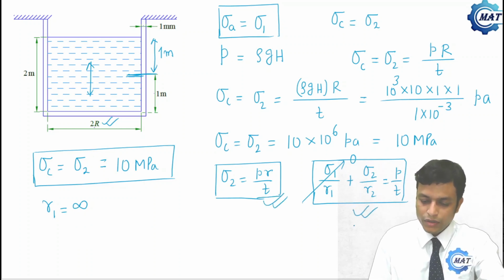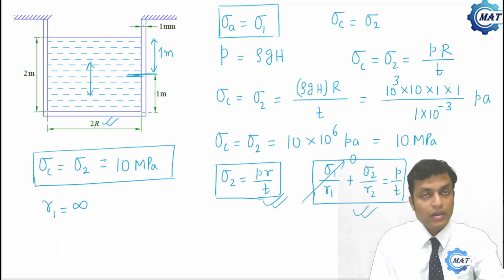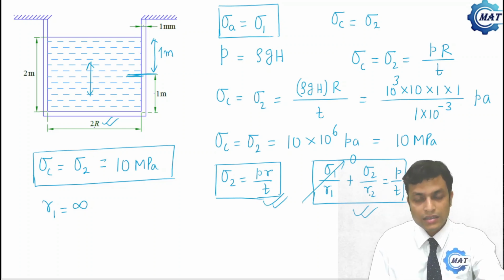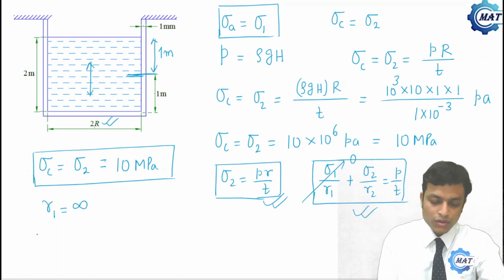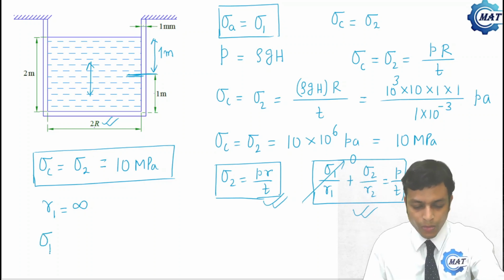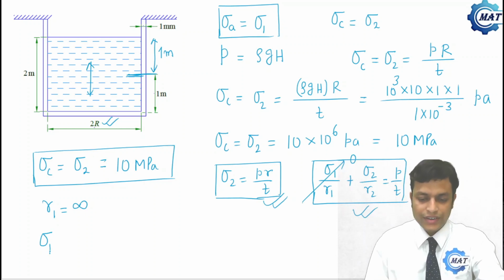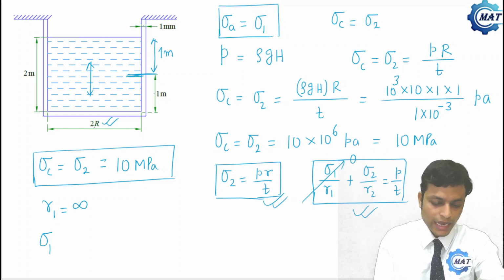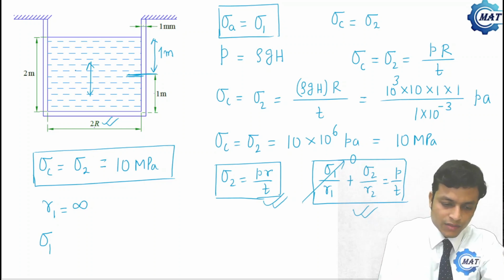This is a single equation and there are two unknowns, sigma 1 and sigma 2. So obviously it is a statically indeterminate problem. So sigma 1 or axial stress we always calculate from boundary condition. So what will be the boundary condition here to calculate the axial stress sigma 1 at this level?